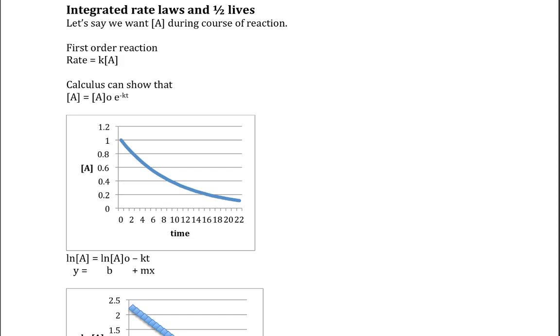The integrated rate law is A equals A naught e to the minus Kt. So depending on what we want, if we want rate, we're thinking of the differential rate law. If we want concentration versus time, we think of the integrated rate law.